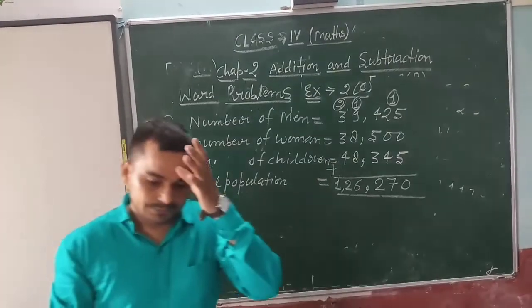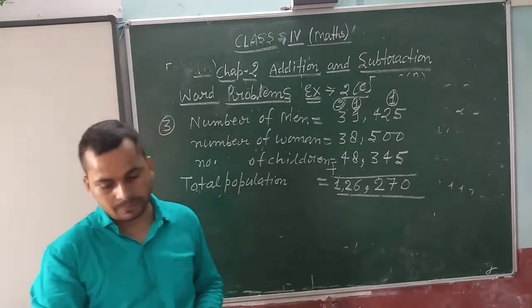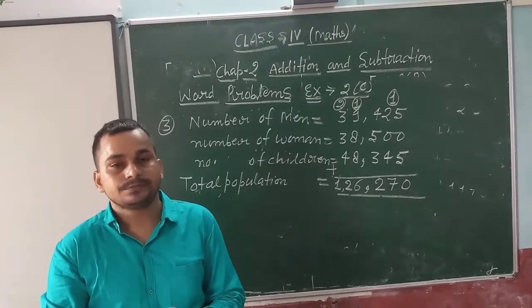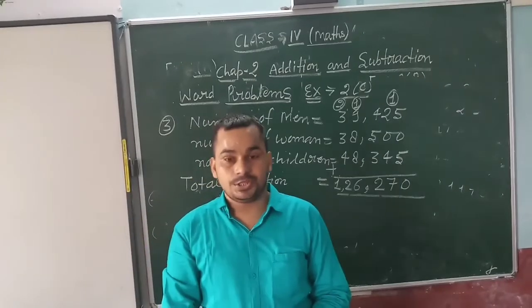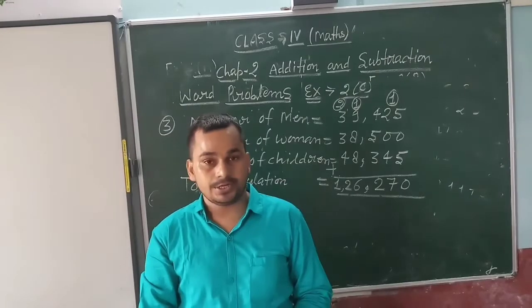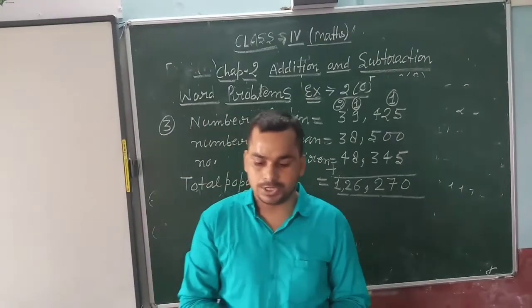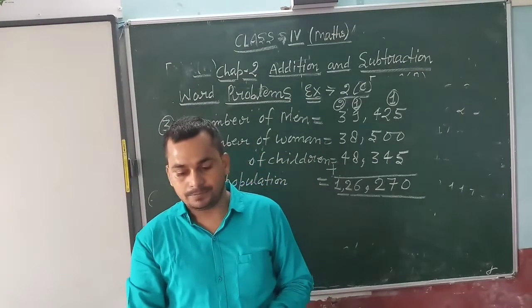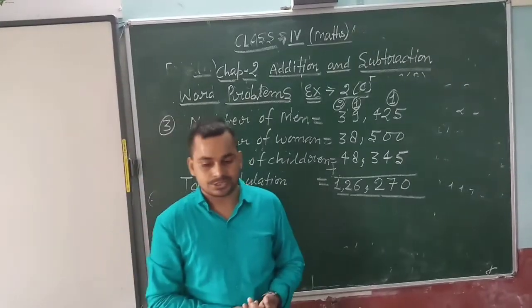Now question number 4. A garment factory made 24,608 red t-shirts, 18,432 blue t-shirts and 30,005 black t-shirts in 3 consecutive weeks respectively.